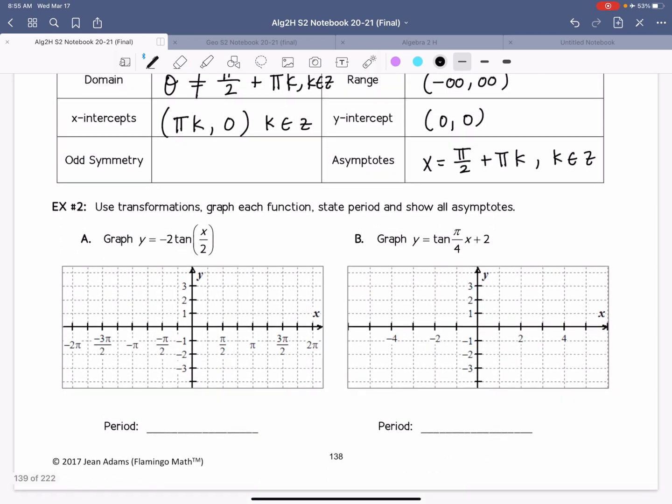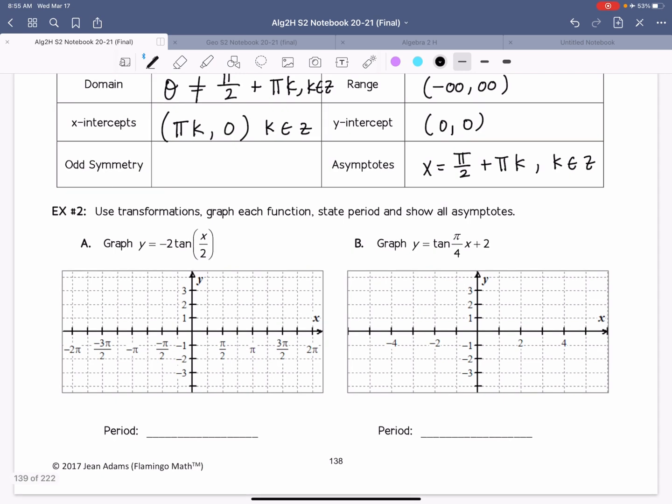So now we're going to talk about some transformations on my tangent graph. These are the same transformations we've been learning for a long time. Negative out front is a reflection across x. The 2 is a vertical stretch.